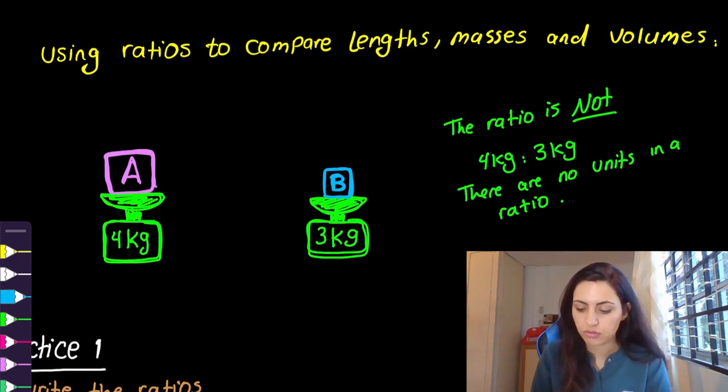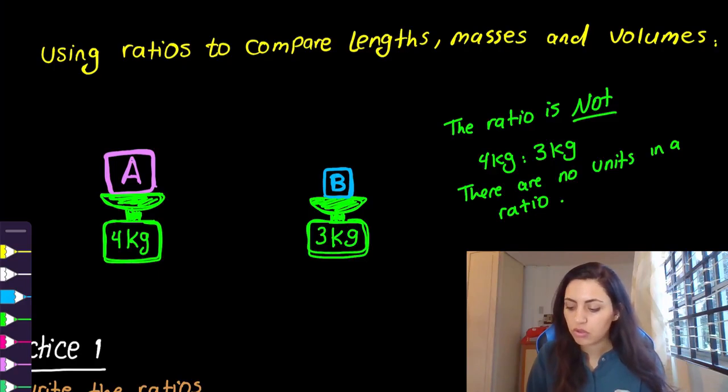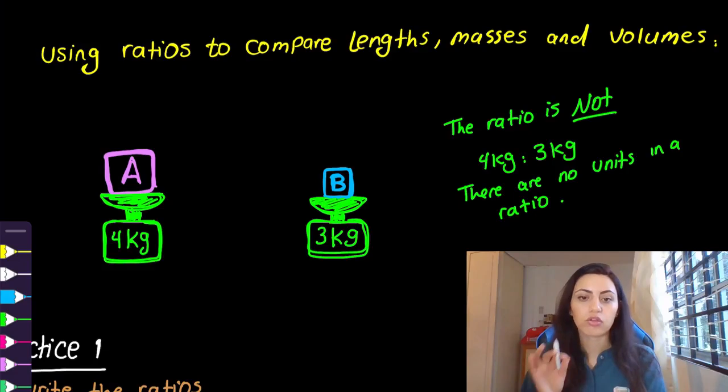The next part is using ratio to compare length, masses, and volumes. For example, in the first one you see object A, the backpack or something. Object A is 4 kilograms, object B is 3 kilograms. The ratio is not 4 kilograms to 3 kilograms. There is no unit in a ratio. So we don't say any kilograms, centimeters, nothing, just numbers.